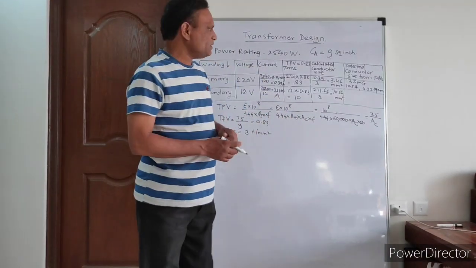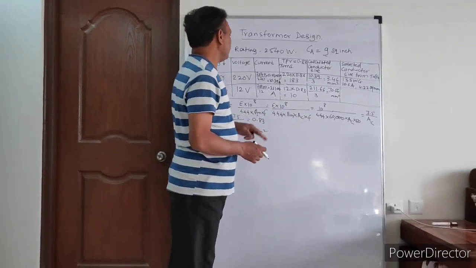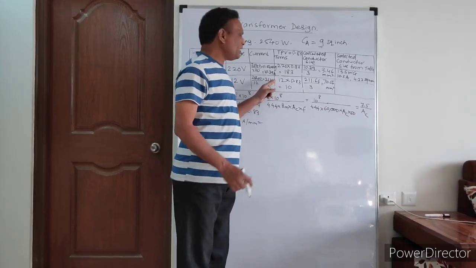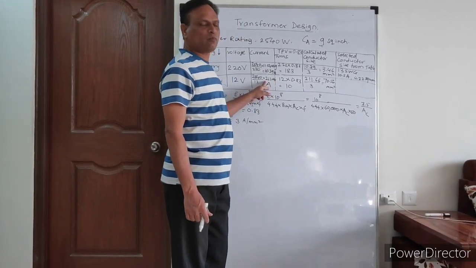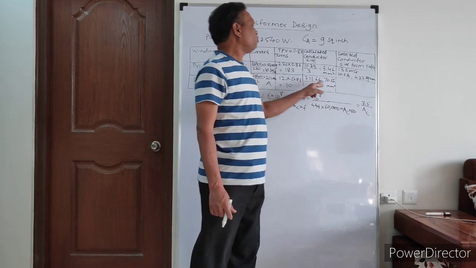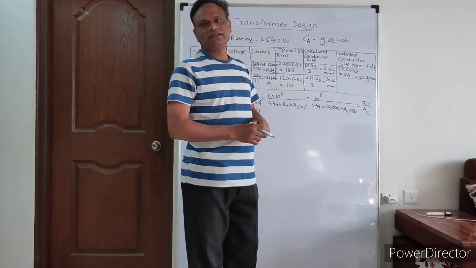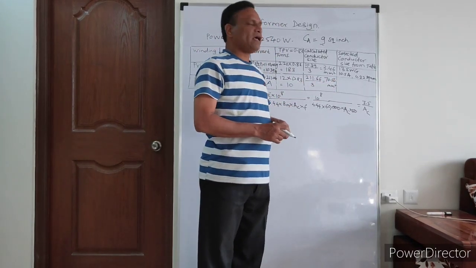For the secondary side, we have to select a conductor whose current carrying capacity is more than 211.66 ampere and whose area should be at least 70.56 square mm.